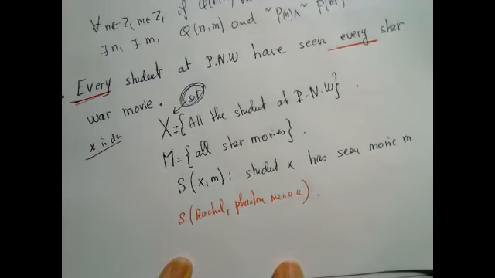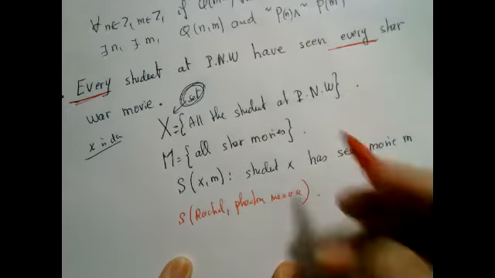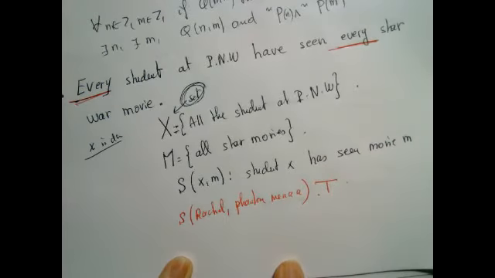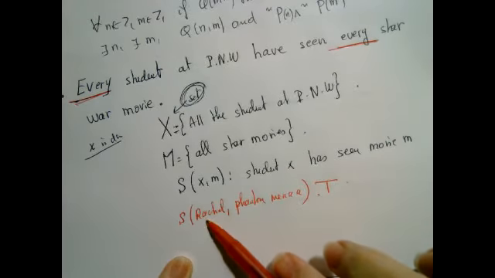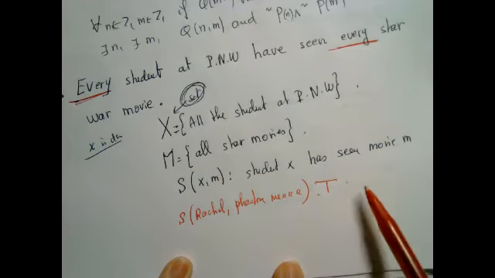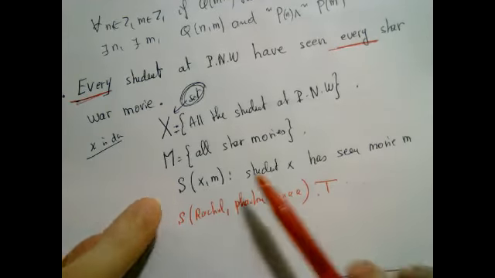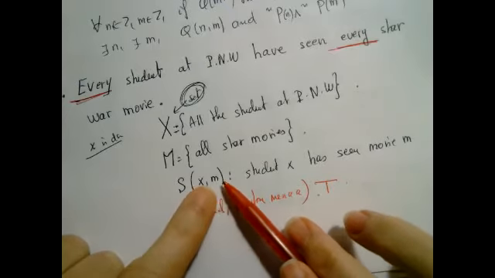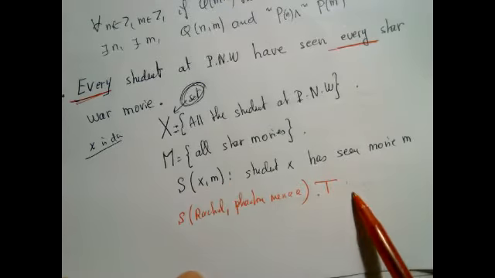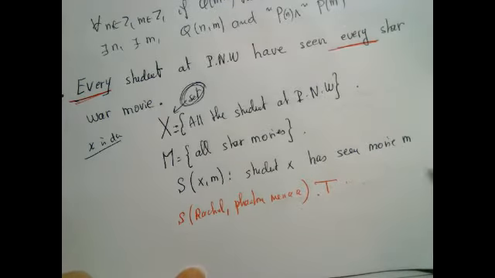Rachel, is this true or false? It's true? Okay, and it's very precise. It means Rachel has seen the Phantom Menace. That's a true statement. So my predicate has to make sense. When I substitute something for X, something for M, I need to have a very clear statement.